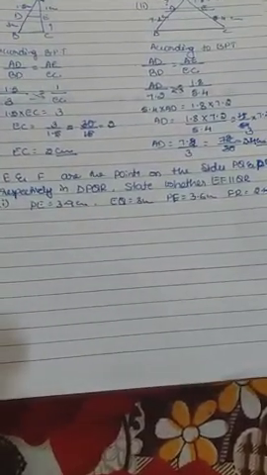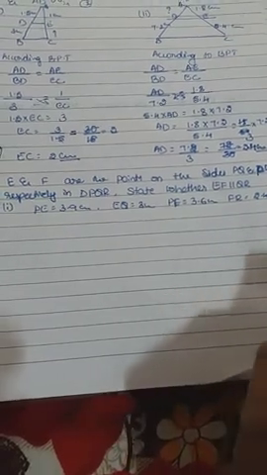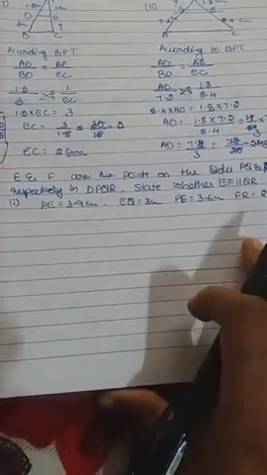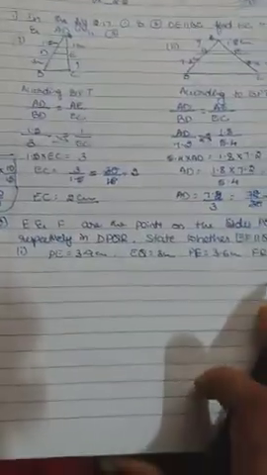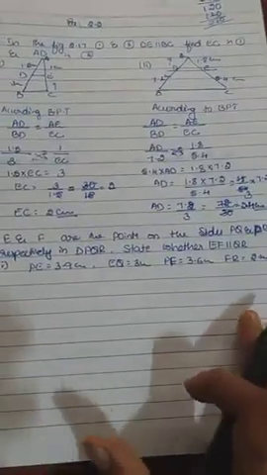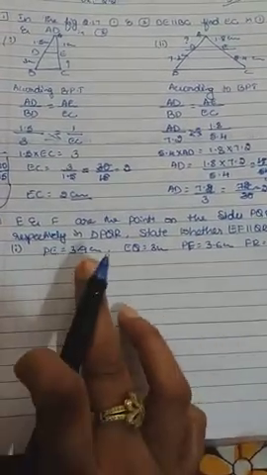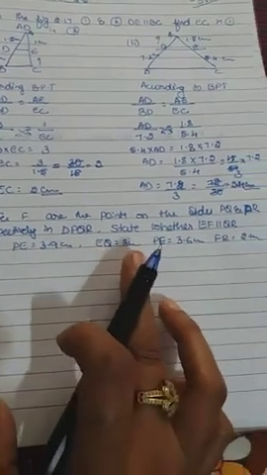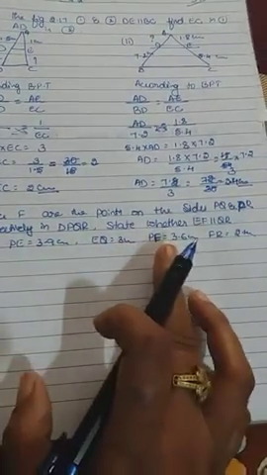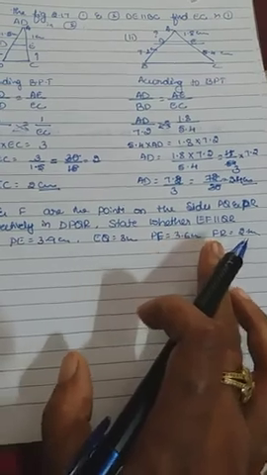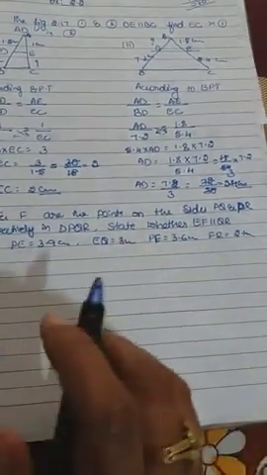If the ratios are not equal, then we can't call EF parallel to QR. That is very important. The given data: PE equals 3.9 centimeter, EQ equals 3 centimeter, PF equals 3.6 centimeter and FR equals 2 centimeter.